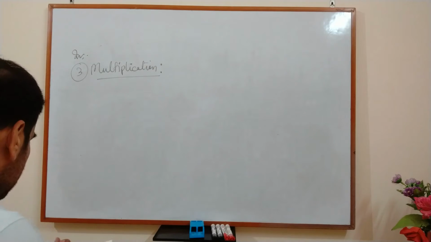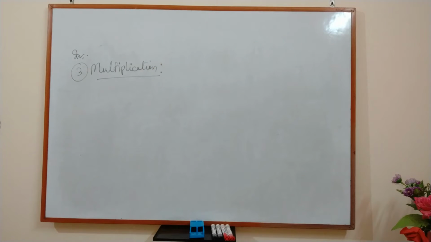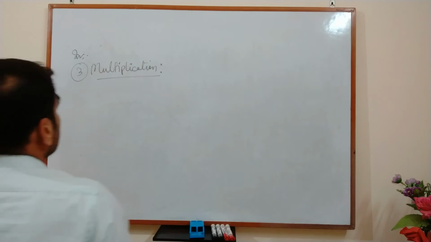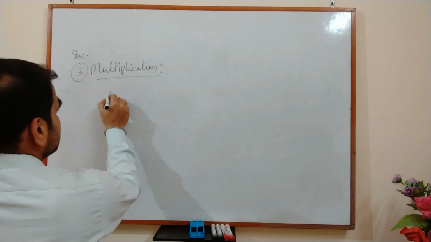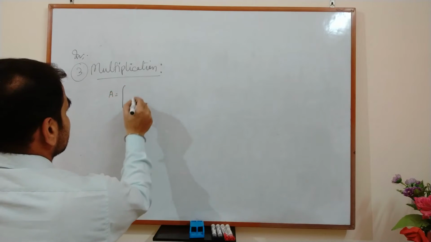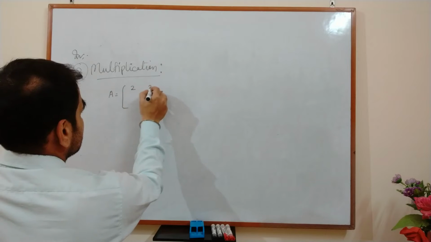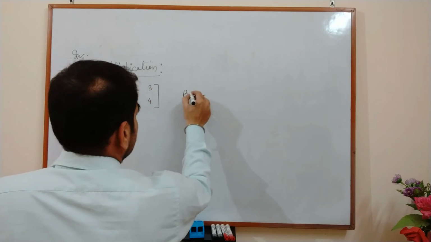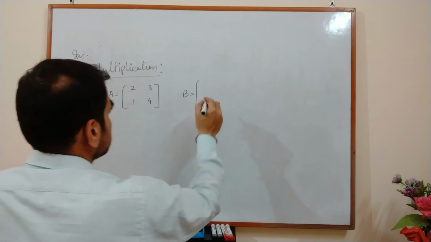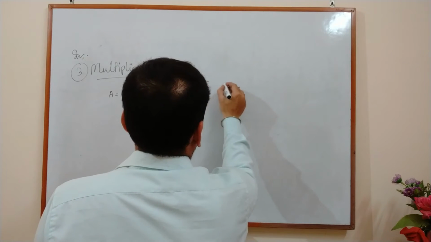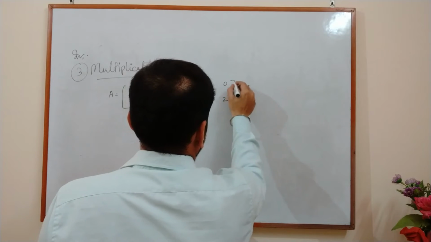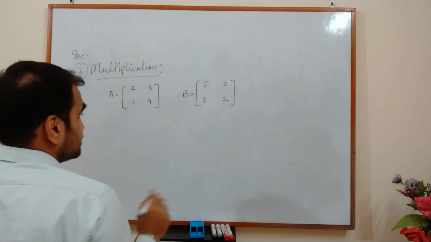How to multiply two matrices? Suppose we take an example: the first matrix is 2, 3, 1 and 4. The other matrix is 5, 0, 3 and suppose 2. You can take any matrix.